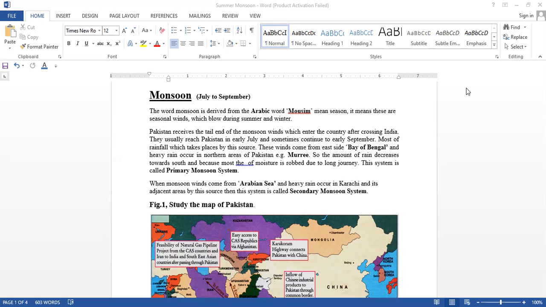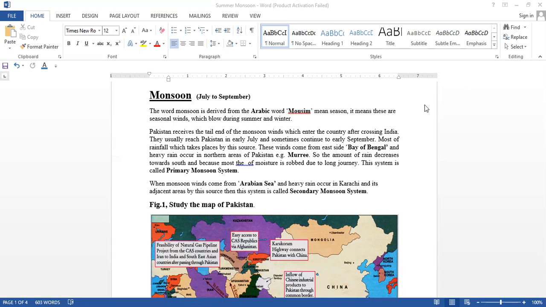As I said, the monsoon winds blow from July to September, when variations occur in temperature and air pressure, and then the winds blow from high pressure to low pressure.